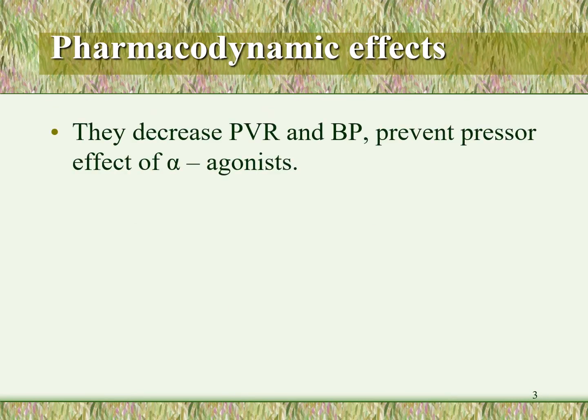The pharmacodynamic effects of alpha blockers: they decrease the peripheral vascular resistance and decrease the blood pressure. They prevent the pressor effect of alpha agonists because they block the alpha receptor, exactly the alpha 1 receptor. So the first pharmacodynamic effect of alpha blockers is to decrease peripheral vascular resistance and so decrease the blood pressure.